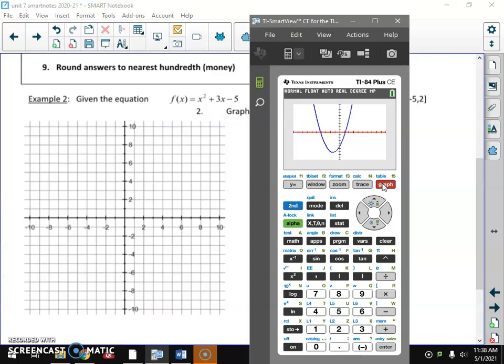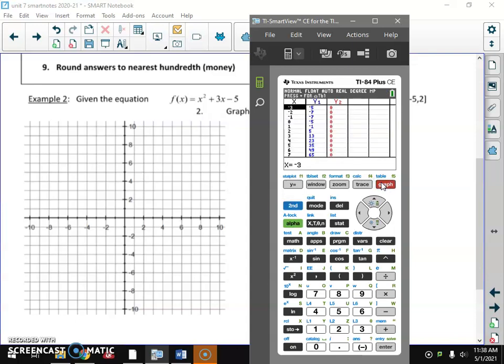I want to find those 2 intersections. And as you can see, they aren't right at a tick mark, so they're not going to be whole numbers. So let's find our sweet spot. I'm looking for matches. I'm going to go up. Right there. Oh, this is one of those that's a little bit off.